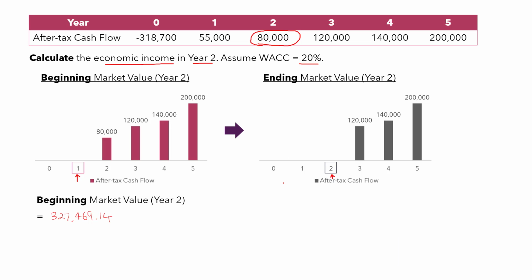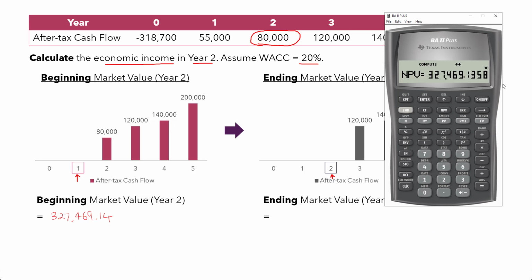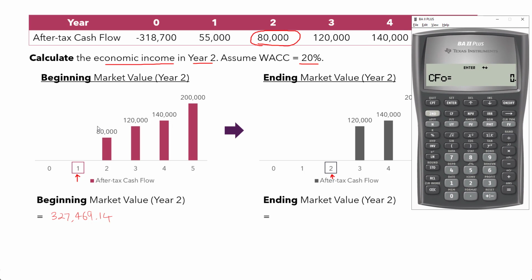Now we'll calculate the ending market value at the end of year 2, where we'll have 3 more cash inflows remaining. For that part, we'll just do another NPV calculation, but we do not have to re-enter everything. Move back to the cash flow worksheet. We just need to delete the cash flow of 80,000.